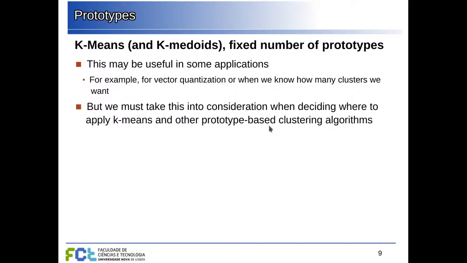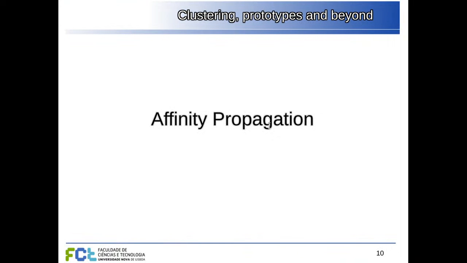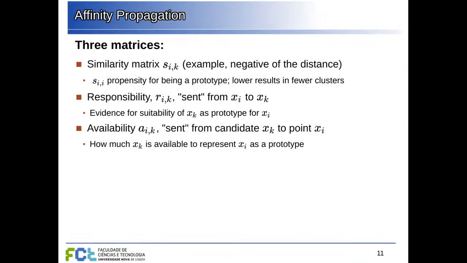So in vector quantization, for example, these characteristics of k-means are exactly what we want to achieve those purposes. So we cannot really say that a clustering algorithm is good or bad. It all depends on what we are trying to use it for. But let's see an algorithm that is based on prototypes but solves the problem of having to pre-specify the number of clusters. This is affinity propagation.